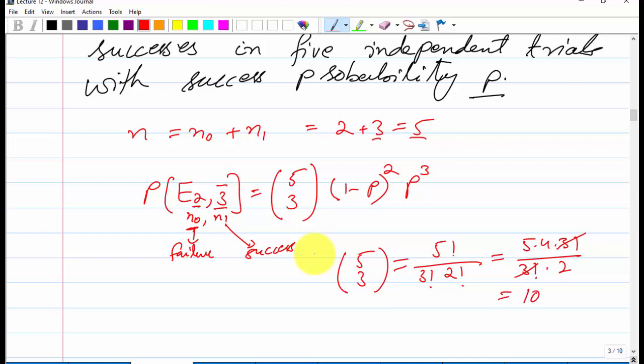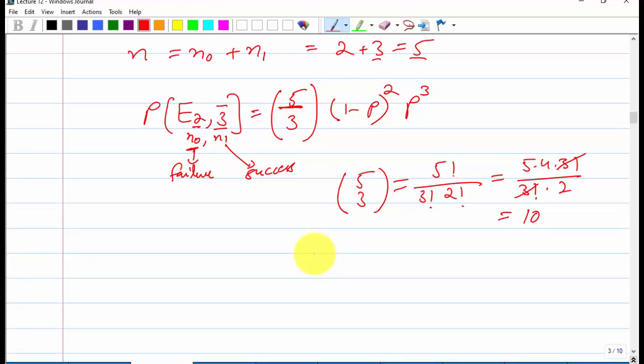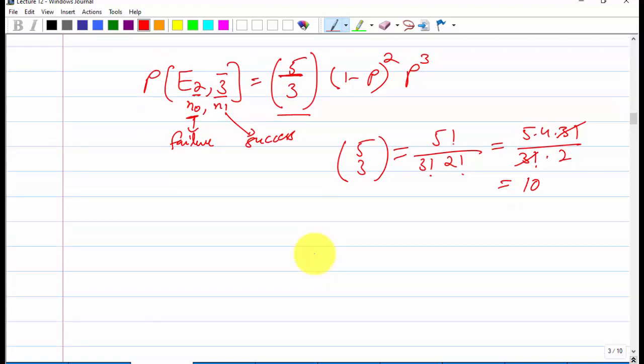So we have 10 possible outcomes which have exactly 2 zeros and 3 ones out of this 5 bit sequence of successes and failures. That shows we have 2 failures and 3 successes, or 2 zeros and 3 ones.